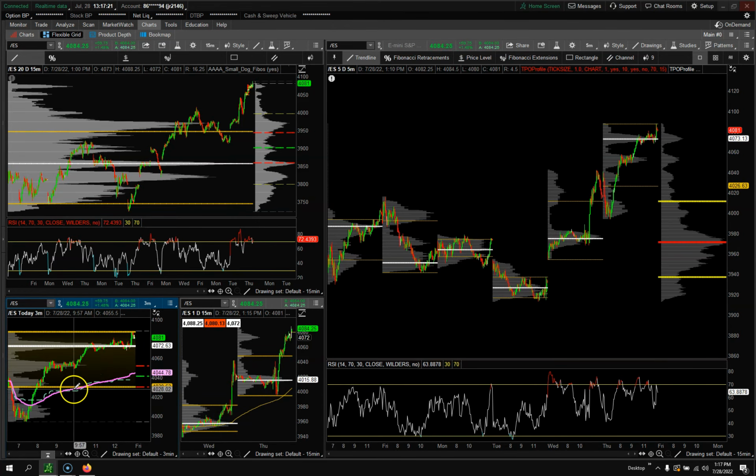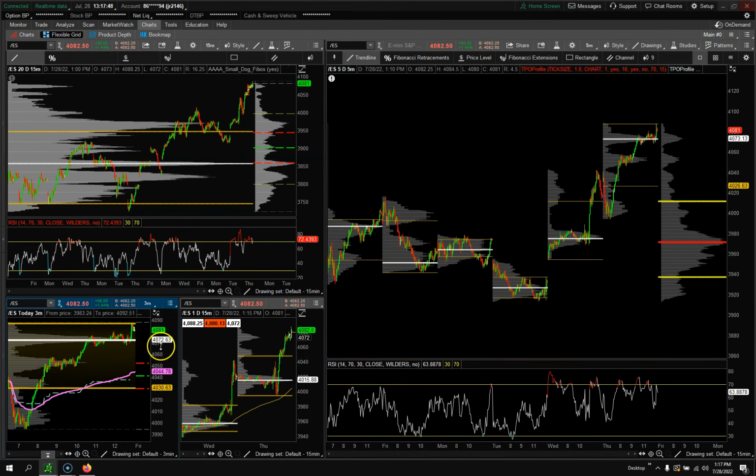And then this purple line is the VWAP, and this teal line is the 50% level, right? Usually they match up when the market's open. So as we start to pull back, we have major support here because we have the VWAP, a low volume node, and then the 50%. Multiple things lining up there.